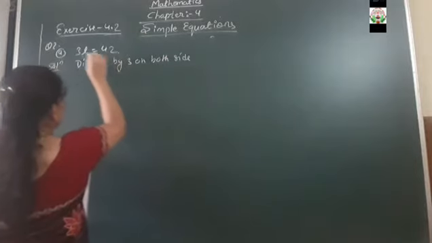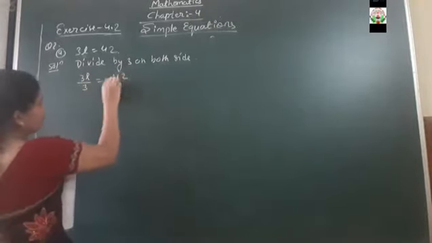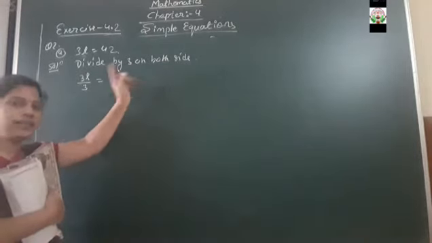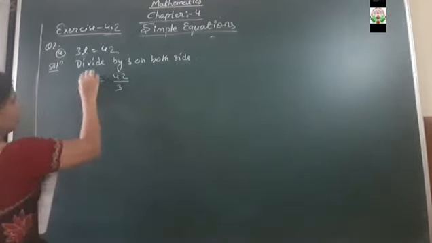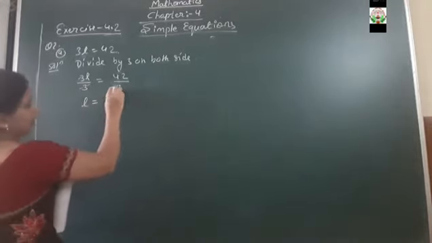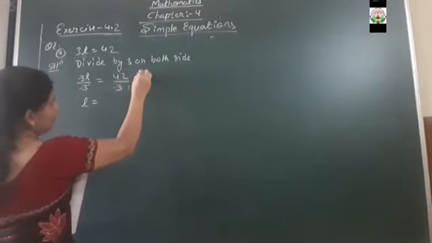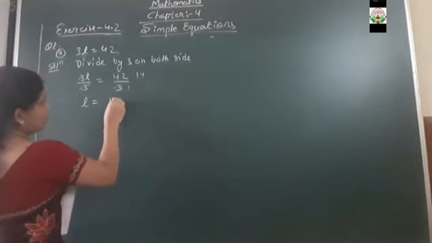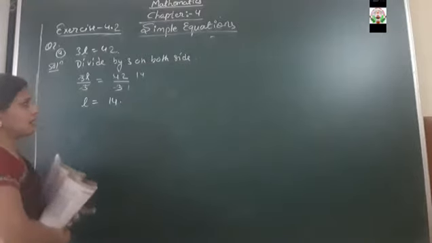When we divide 3L by 3, then only the 3 will be removed. If we apply dividing by 3 on one side, the same thing will be divided on the other side also. So here 3 will get cancelled, only L will be left. Here 3 ones are 3, 3 fours are 12, that means 4 times. So here the answer will be 14. Clear? So this is the answer.